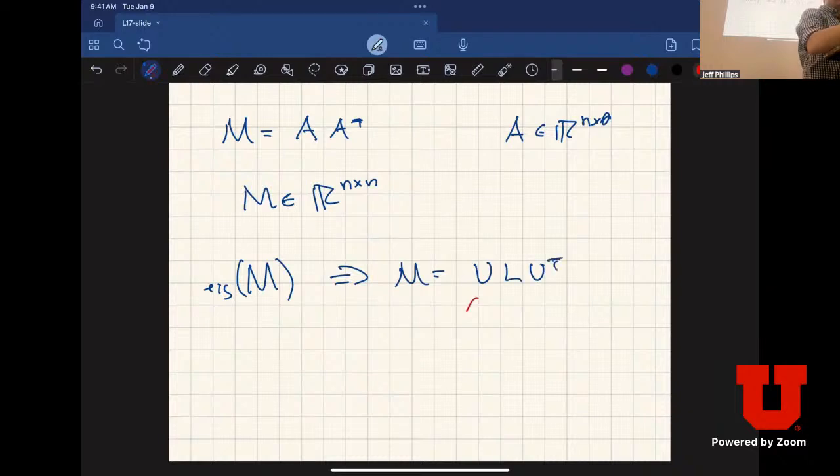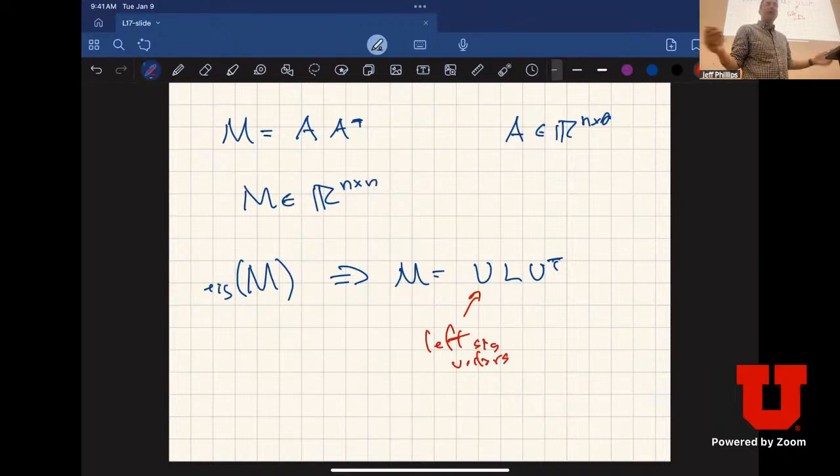Now these are the left singular vectors, right? So now it's U instead of V. It's the left singular vectors. I have N of them instead.